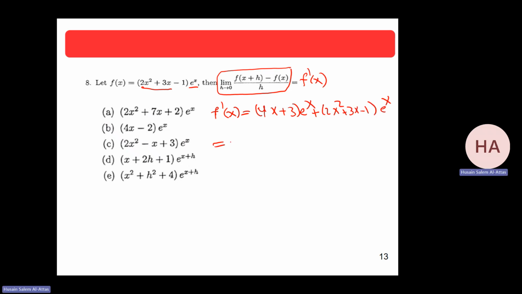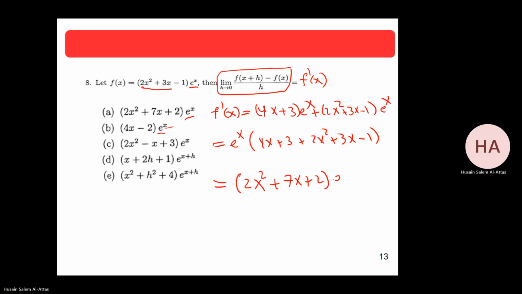Now combine it. I can take e to the power x as a common factor. I have 4x plus 3 plus 2x squared plus 3x minus 1. So that gives me 2x squared plus 7x plus 2, times e to the power x, which is this one.